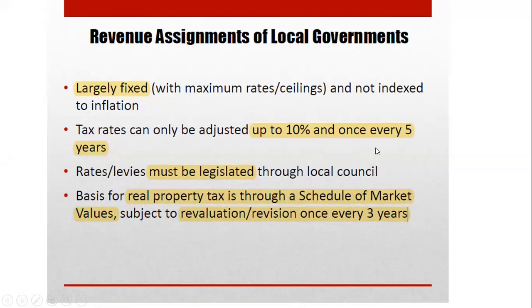Again, just like our national taxes that have to be promulgated by the Congress or by the lawmaking body of the state, it would be the same with the local government. You cannot just collect taxes with an executive order from the mayor. It must be coming from the city council or the legislative body of the local government.